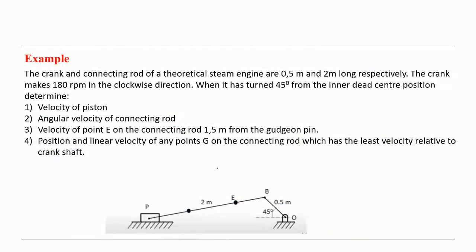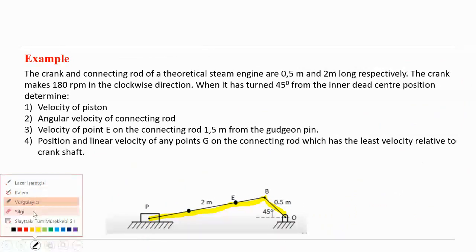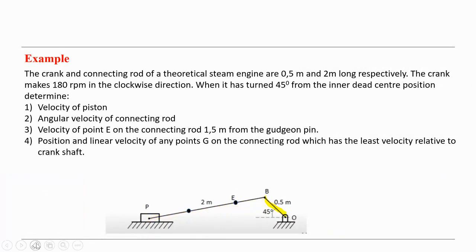Okay, let's have an example here. So the crank and the connecting rod. This is the crank here. You see here, this is the crank, and this is the coupler here. Let's use another color.